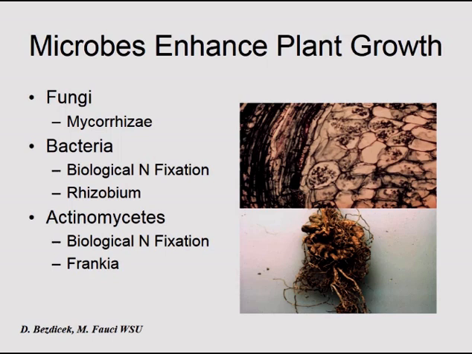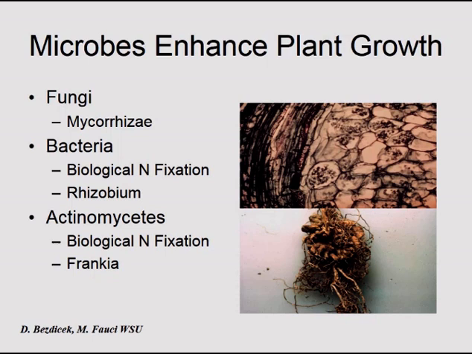Now, these two things right here, this association they have with plants, is called symbiosis. What symbiosis means is that in this case both parties, meaning the fungi or bacteria and the plants, are benefiting.